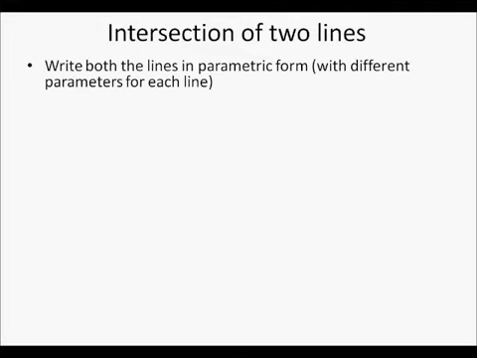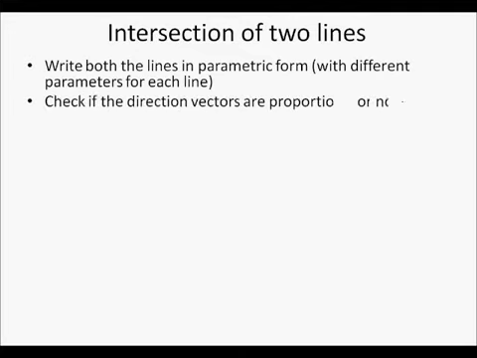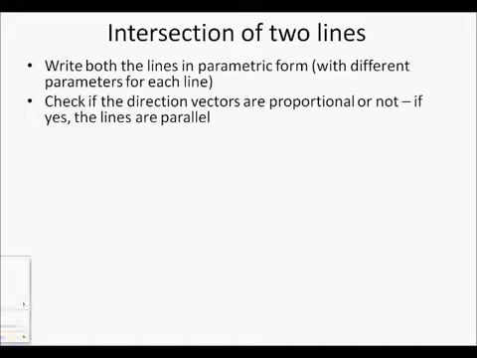As I just said, you can write r1 is equal to a1 plus lambda b1, and the next line could be r2 equal to a2 plus mu b2. Use some other parameter, lambda and mu. Use different parameters and write them in parametric form. Not in this form, this is vector form. Write it in parametric form.